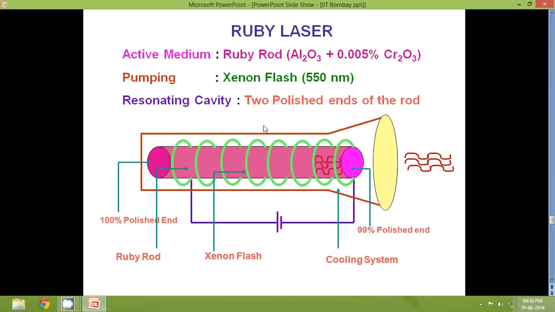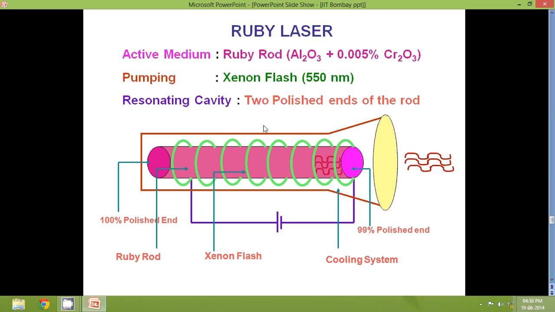Population inversion is achieved by pumping with the help of a xenon flash white light, but in the white light we use the 550 nanometer spectral line. The two ends of the ruby rod are polished in such a way that one end is 100% polished and the other end is 99% polished. These two polished ends of the ruby rod act as a resonating cavity.